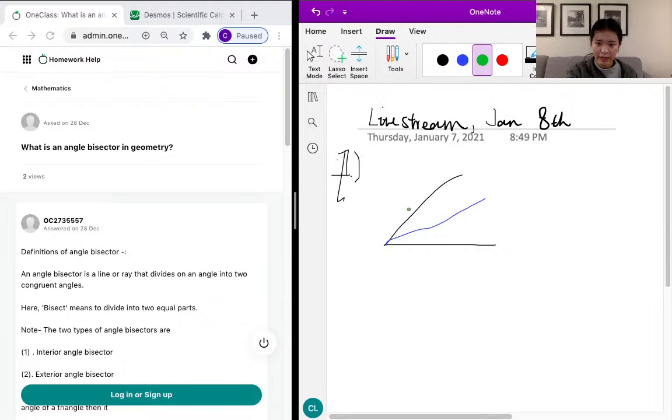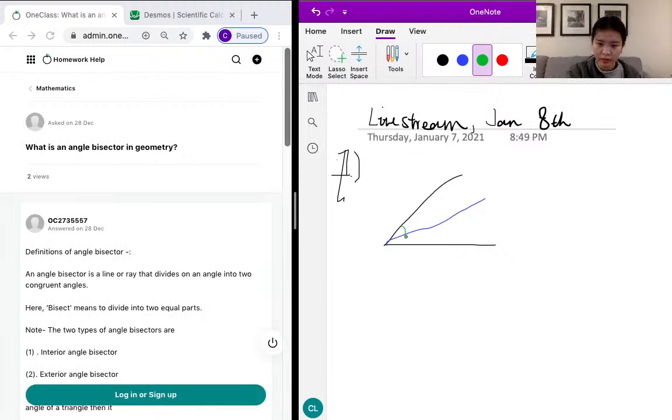So the angle here is the same as the angle over here. These two angles are the same. Since these two angles are the same, this blue line is called a bisector.